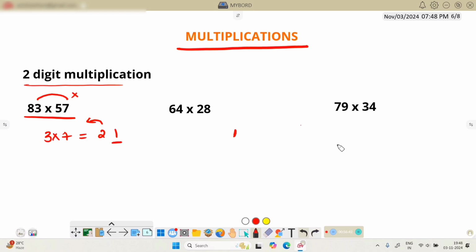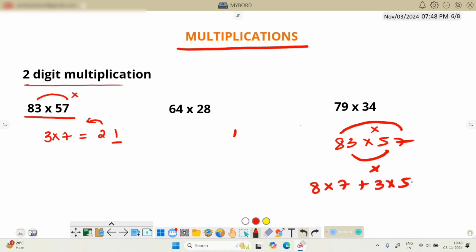See here, the next step is you just simply multiply the first and last digit and the middle digits. Okay, you just multiply and next you add these answers. That means 8 into 7 plus 3 into 5 plus the 2 that is carried, right? Number 2 is carried. Just write 2 here.